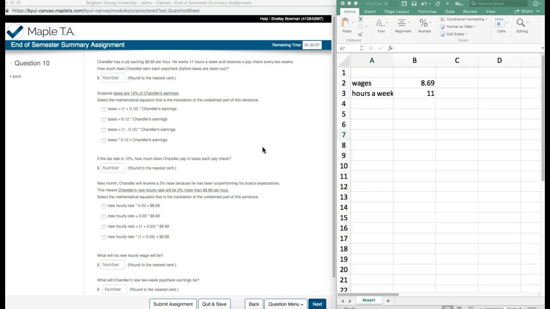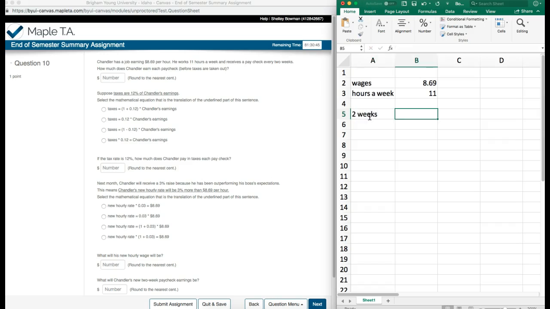So I have our information over here. I wrote down his wages and how many hours a week, but he receives a paycheck every 2 weeks. So that means I need to multiply that by 2 because he works double that amount of hours for the 2 weeks.